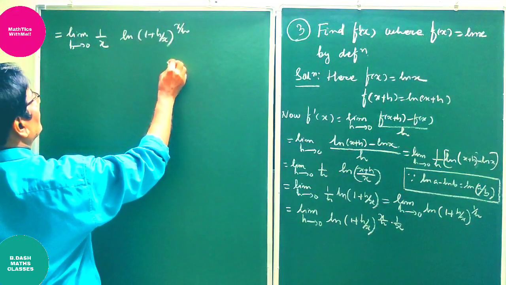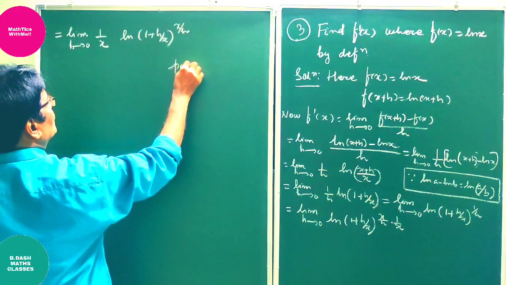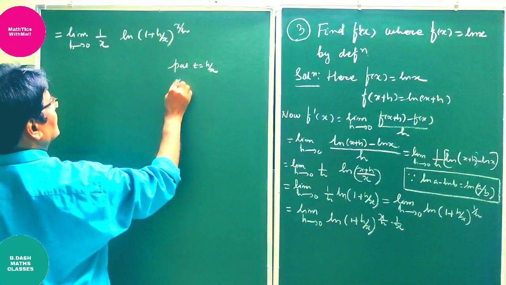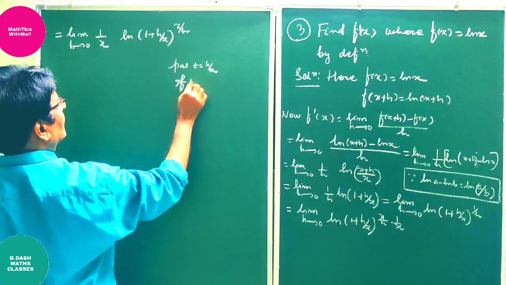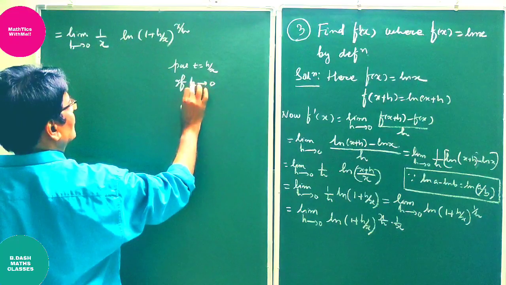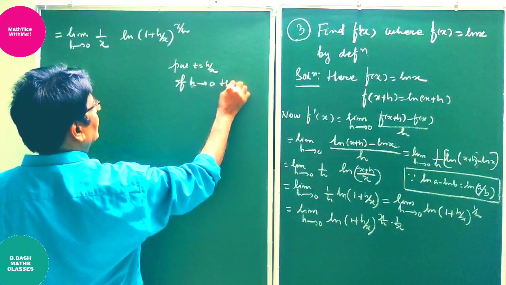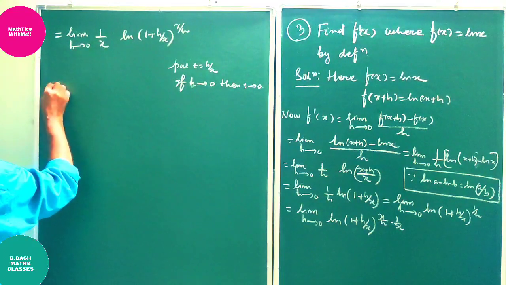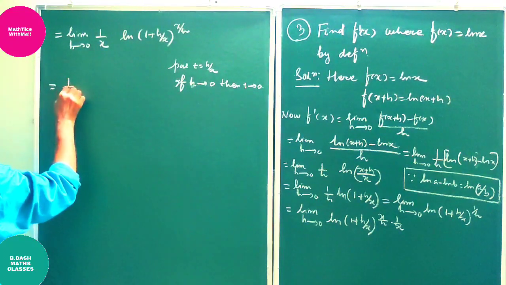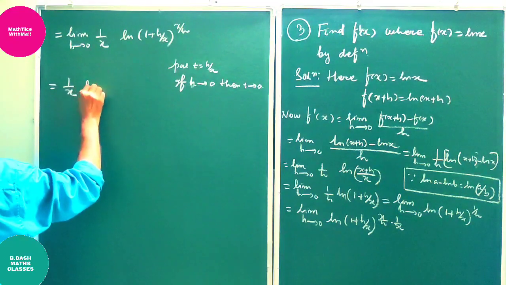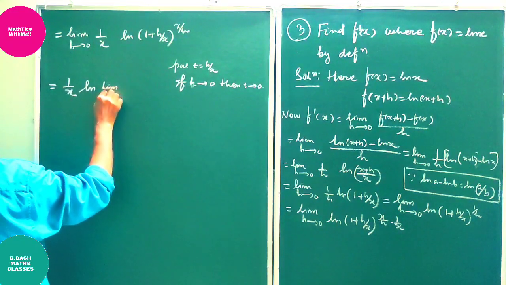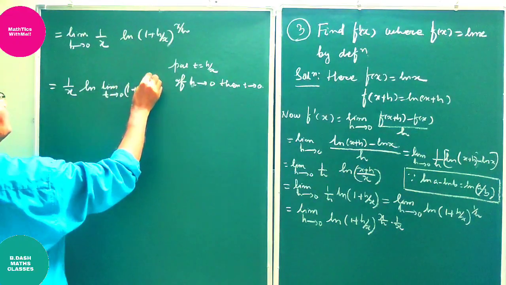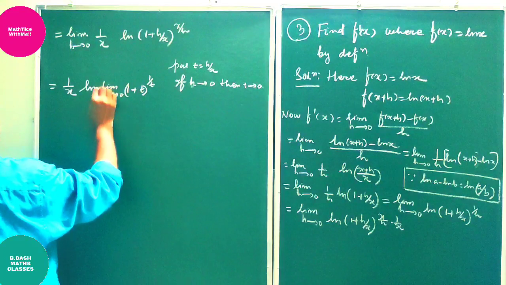So put t is equal to h by x. If h tending to 0, then t tends to 0. So this is equal to 1 by x ln limit t tends to 0, (1 plus t) to the power 1 by t.